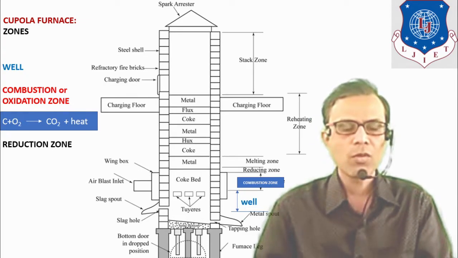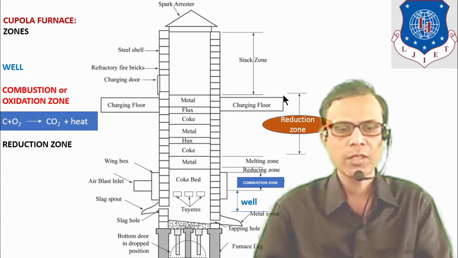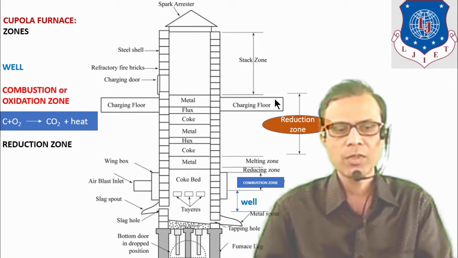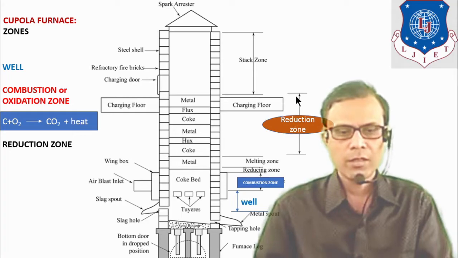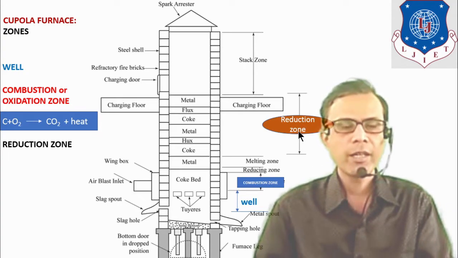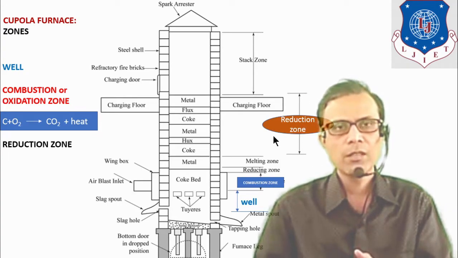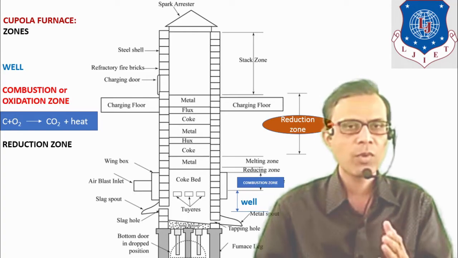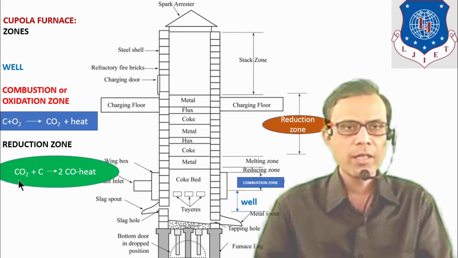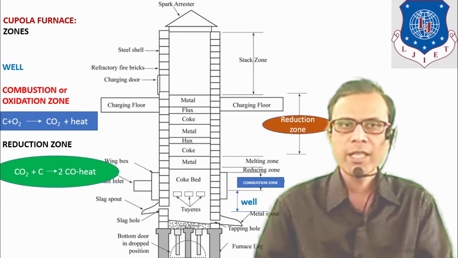Above the oxidation zone there is a reduction zone. This zone is the reduction zone, shown here from the uppermost part of the charging section. So up to the melting zone, it is a reduction zone. Here the heat which was produced in the oxidation zone is used, and a reduction process takes place.